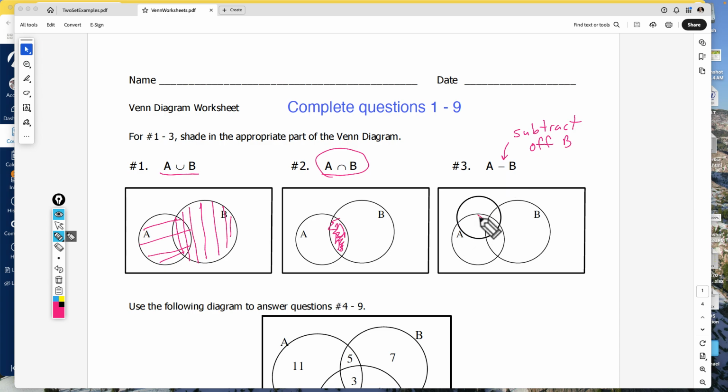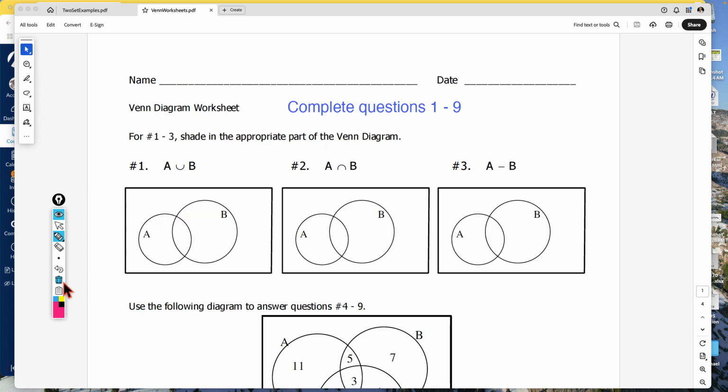It would be everything in A, but not the part that's B. So it's like it got a bite. Cookie Monster took a bite. Does that make sense? Okay, so we could use this one as well. And again, different systems of logic have their own special symbols. This can be done with intersections and unions, but it's a little more complicated.